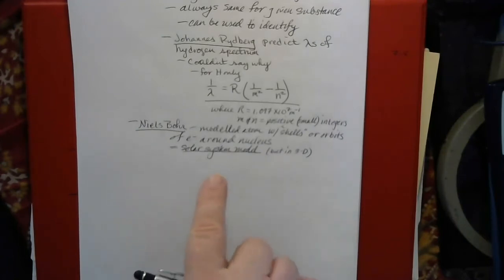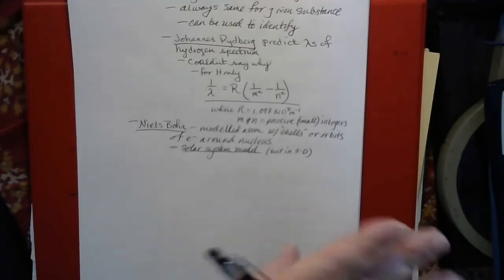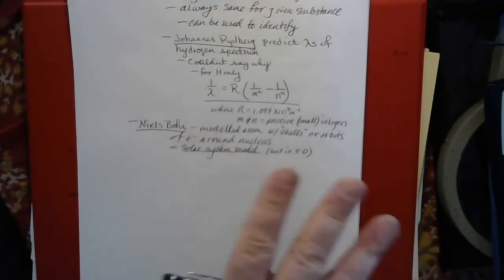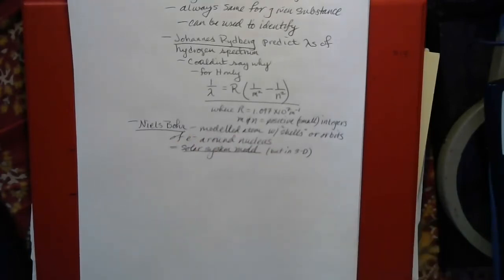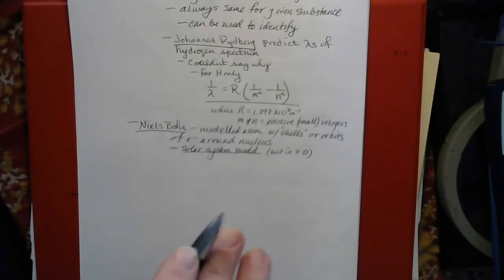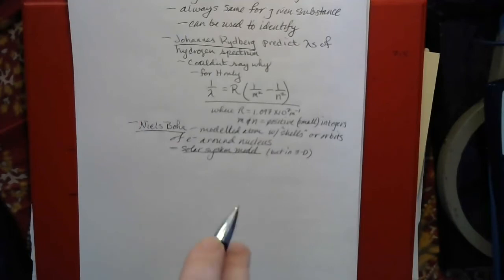There are a couple differences, though. The Bohr model of the atom is three-dimensional. The solar system is more or less two-dimensional because the planets are all in more or less the same plane. And also in the Bohr model, it's possible to have more than one electron per orbit, unlike the solar system where you only have one planet per orbit.